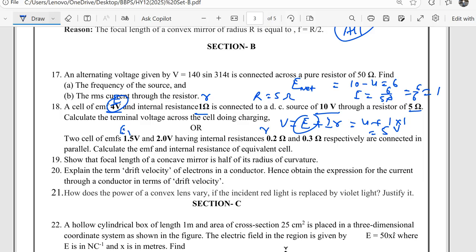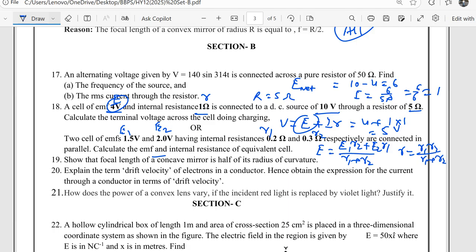E1 R1, E2 R2, direct formula based. Calculate the EMF. The expression for net EMF is (E1 R2 plus E2 R1) divided by (R1 plus R2), and the net internal resistance is R1 R2 divided by (R1 plus R2).